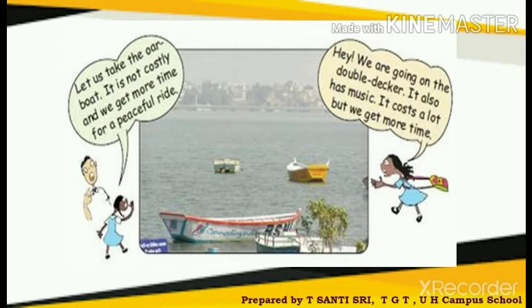It is not costly and we get more time for a peaceful ride. Another girl is saying, hey, we are going on the double decker. It also has music. It costs a lot, but we get more time. Like this, they discussed and went for a ride.